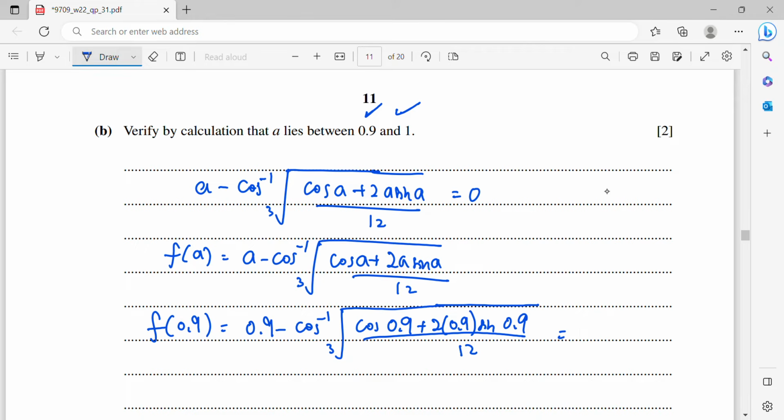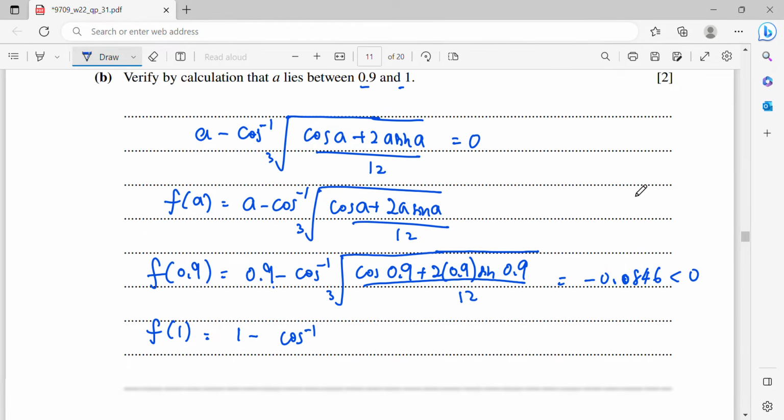Since a is the value inside cos and sine without the degree sign, basically 0.9 and 1 are radians. Please make sure you change the mode of your calculator to radians. Now, when you calculate this value, you will get negative 0.0846, which is less than 0. And now f(1): use the same formula and replace 0.9 by 1.